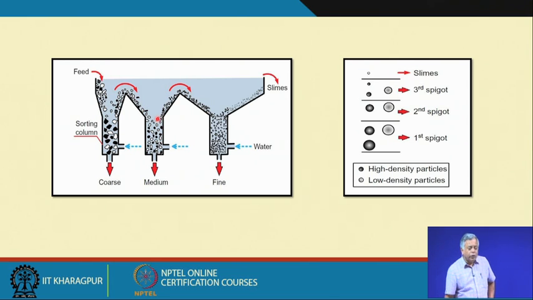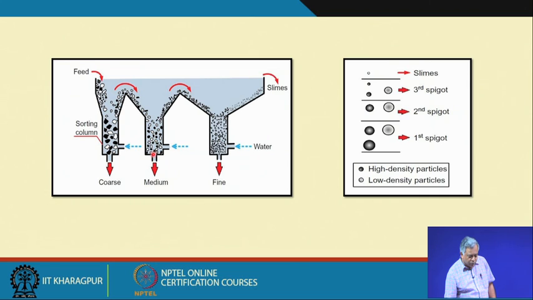Now we are left with 80 to 10 micrometer particles, and I want separation into 80 to 30 micrometer and 30 to 10 micrometer. Say the 80 to 30 micrometer particles have a settling velocity of 3 millimeter per second, and the rising water velocity is around 2.5 millimeter per second.